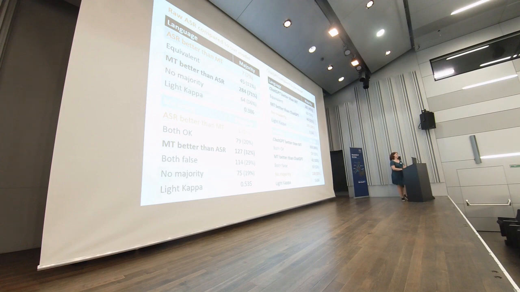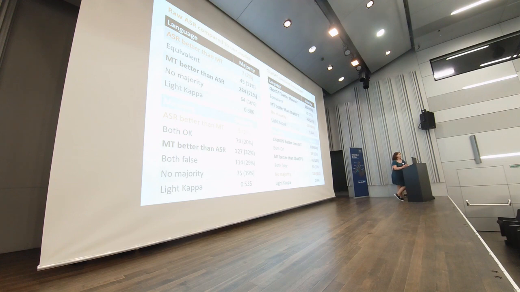Now on the other task, where we compare ChatGPT output with our model's output, first of all, you can see that the results are not as clear cut as for the first part, since there is no majority for 29% here and 35% for meaning. But what is interesting is that ChatGPT, for this study by human judges, actually received better results 45% of the time, and our MT result was better than ChatGPT only 11% of the time.